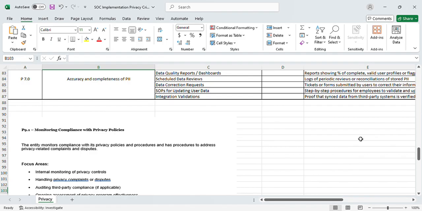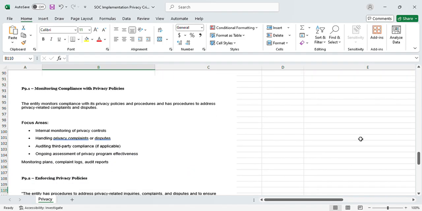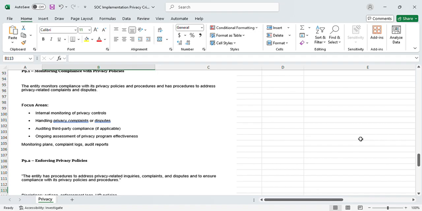So next is monitoring compliance with privacy policies. The entity monitors compliance with its privacy policies and procedures, and has procedures to address privacy related complaints and disputes. P9.1 and 9.2 both relate to complaints. Focus areas would be internal monitoring of privacy controls, how you handle privacy complaints or disputes, auditing third party compliance if applicable, and ongoing assessment of privacy program effectiveness.